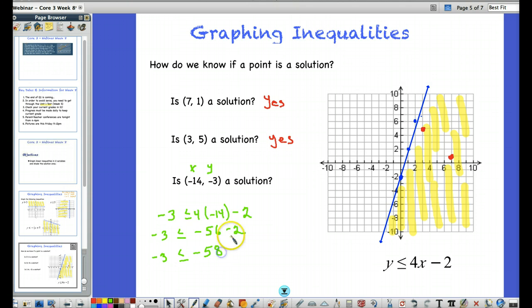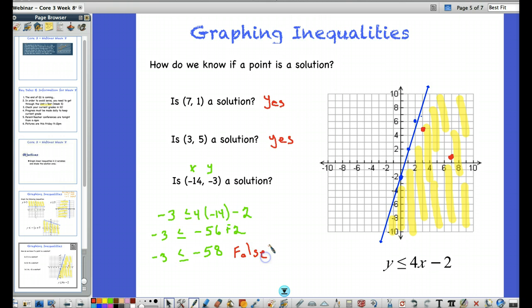So negative 56 minus 2 is the same thing as plus a negative, right? All right, you guys, negative 3 is less than or equal to negative 58. Is that true or false? False. Good. Negative 3, if you picture it on the number line, is much bigger than negative 58, right?